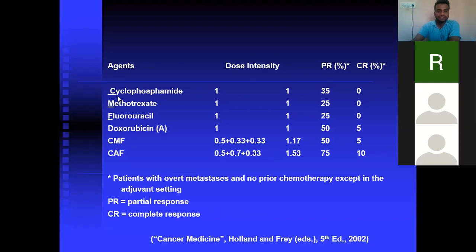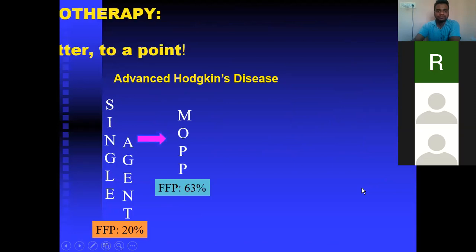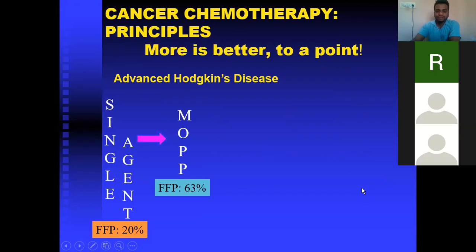So CMF is the combination of cyclophosphamide, methotrexate, fluorouracil. CAF is a combination of cyclophosphamide, doxorubicin, and fluorouracil. So this is the partial response and complete response. So more is better to a point.